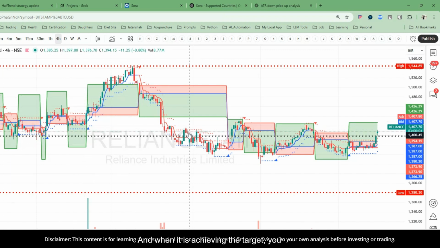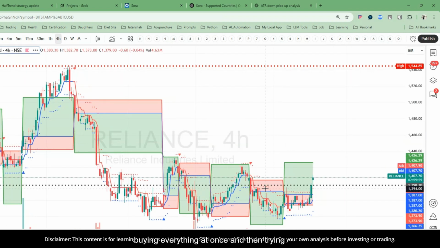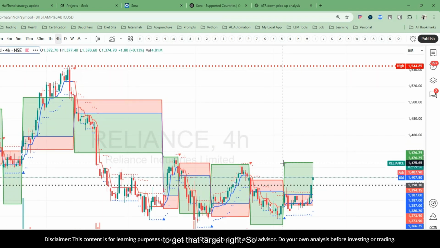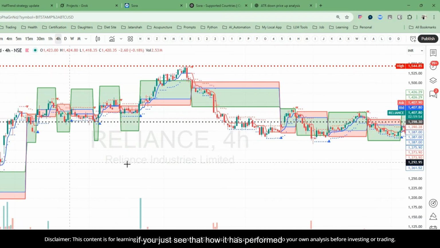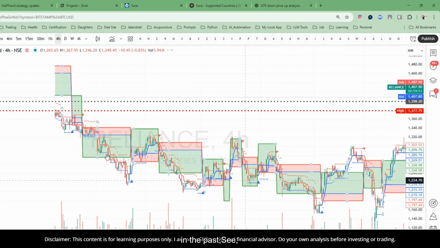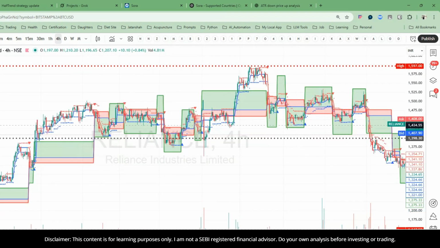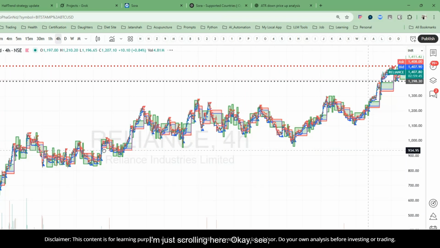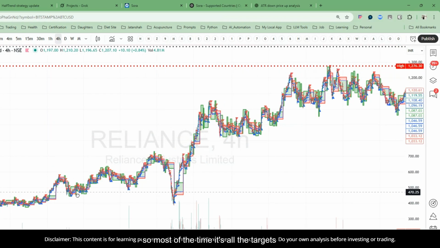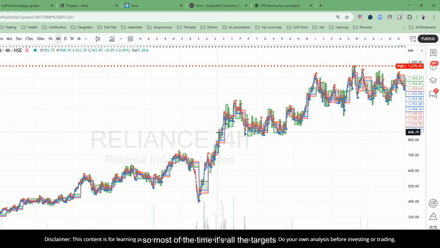And when it is achieving the target, you will be in better profit rather than buying everything at once and then trying to get that target. If you just see how it has performed in the past, I'm just scrolling here, most of the time all the targets have been achieved.